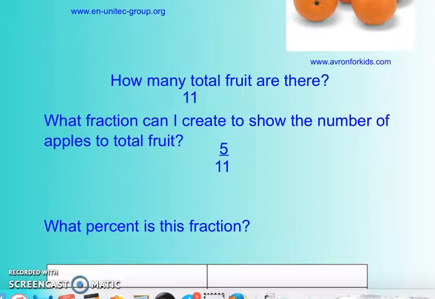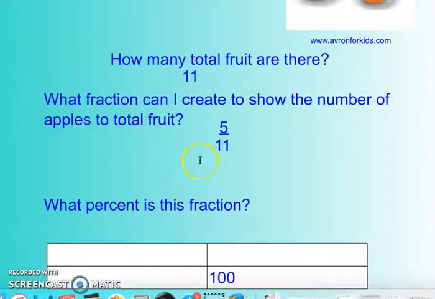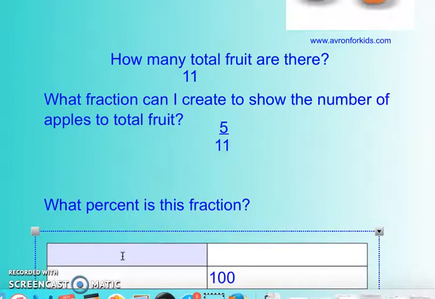Now, what I would like to know is, how can we change this comparison to a percent? Let's use our knowledge from prior concepts: how can I change a fraction to a percent? Remember, we use these boxes to help organize our information.